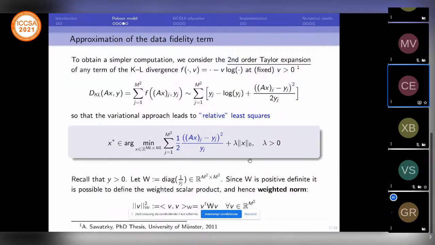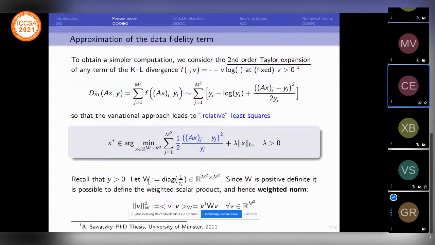The idea is to consider an approximation of the Kullback-Leibler divergence by means of its second-order Taylor expansion. Again, we neglect all the terms of the expansion which do not depend on x, and we obtain this approximation of the Kullback-Leibler divergence, which is a sort of relative square, because we have y_j at the denominator.